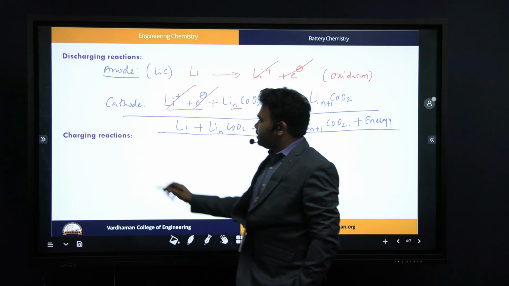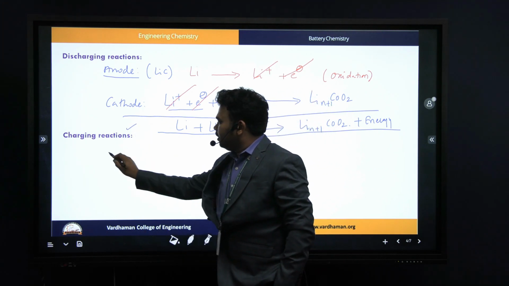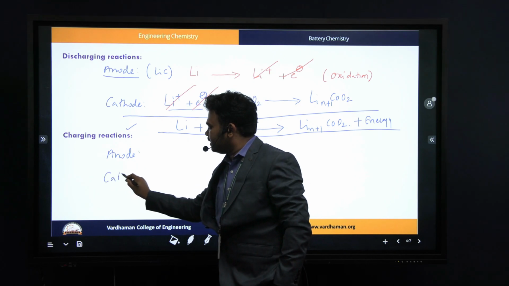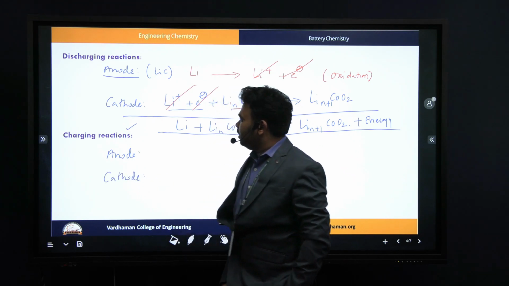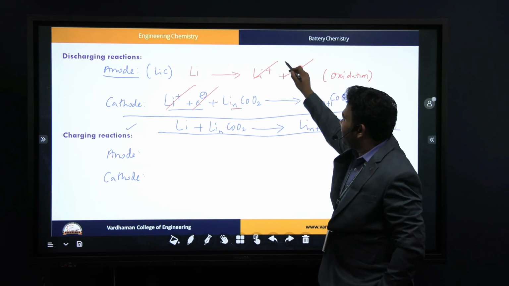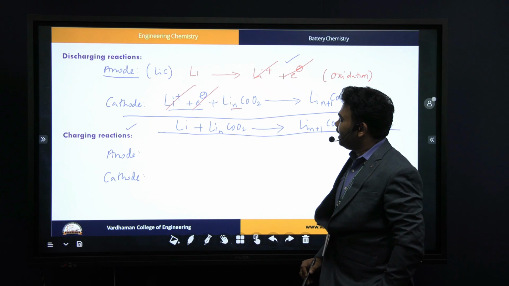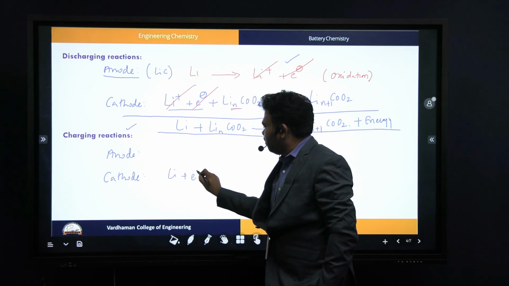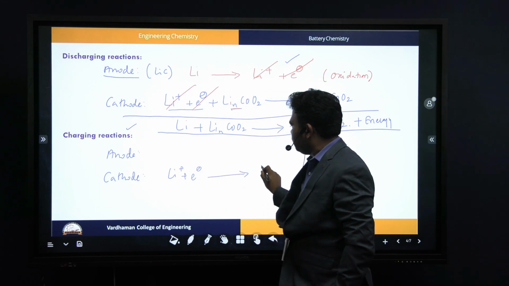Next, we'll discuss the charging reactions. In charging, the reaction again takes place at the anode as well as the cathode. Here one thing we can easily understand: the reaction which took place at the anode, we have to reverse. That means Li+ plus electron gives rise to Li.